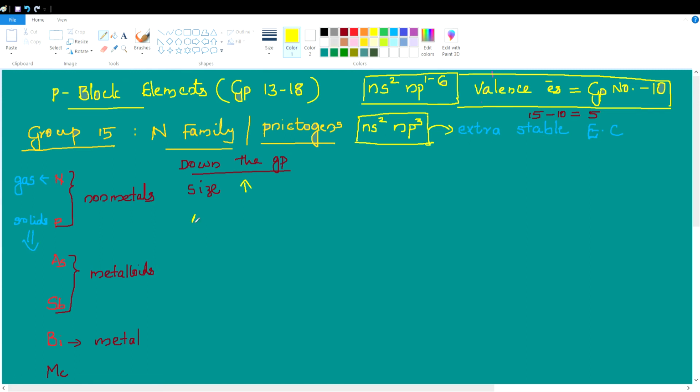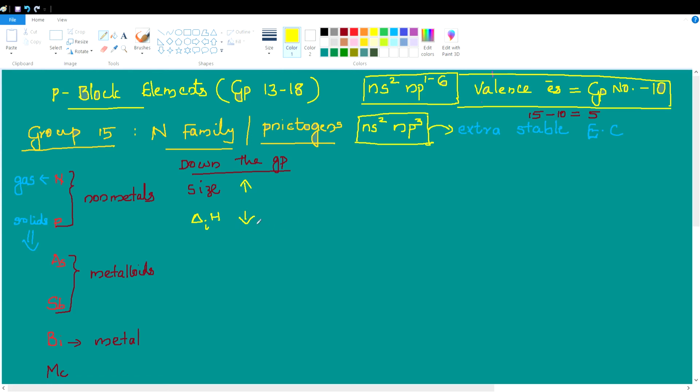Ionization enthalpy, delta Hi, decreases down the group, because as the size increases, nuclear attraction decreases, so it is easier to remove an electron from the valence shell. Nitrogen has the maximum ionization enthalpy.